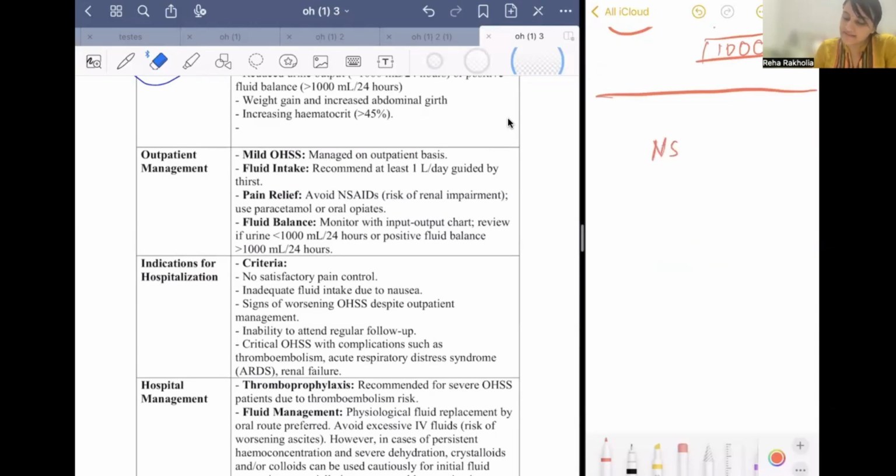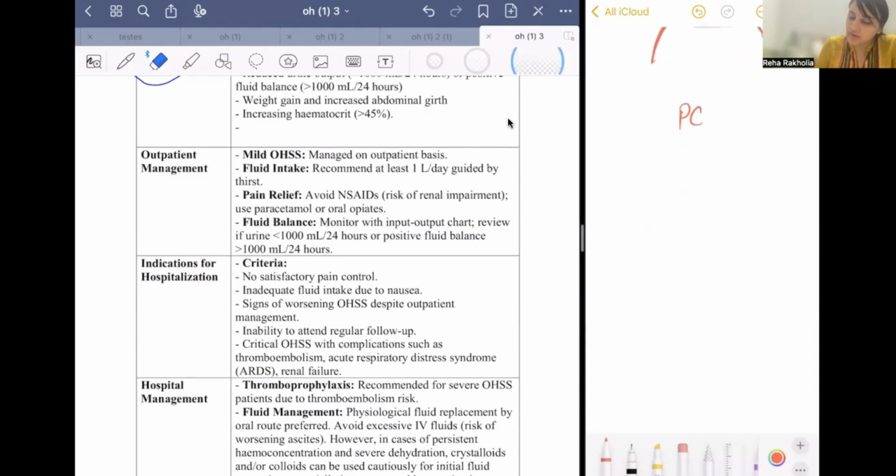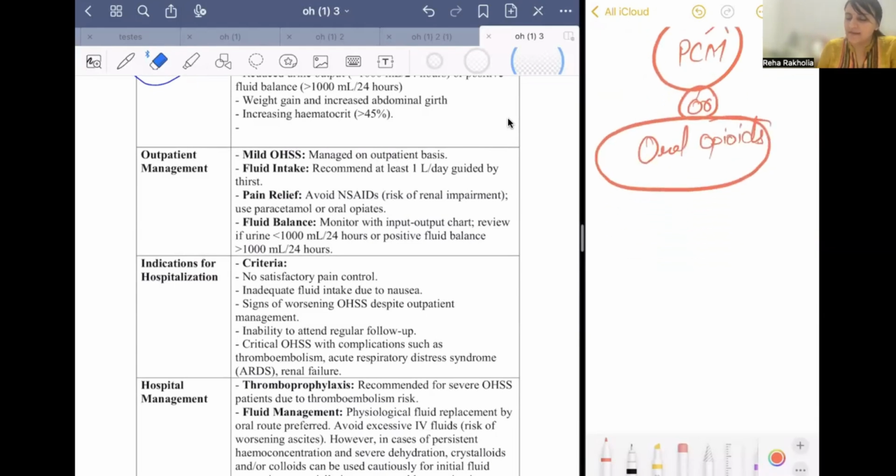We won't use NSAIDs in this, okay? Due to the risk of renal impairment. Renal impairment can happen, that's why we won't use NSAIDs. What we'll use is paracetamol or oral opioids. Okay? For effective pain control, paracetamol and oral opioids are recommended.